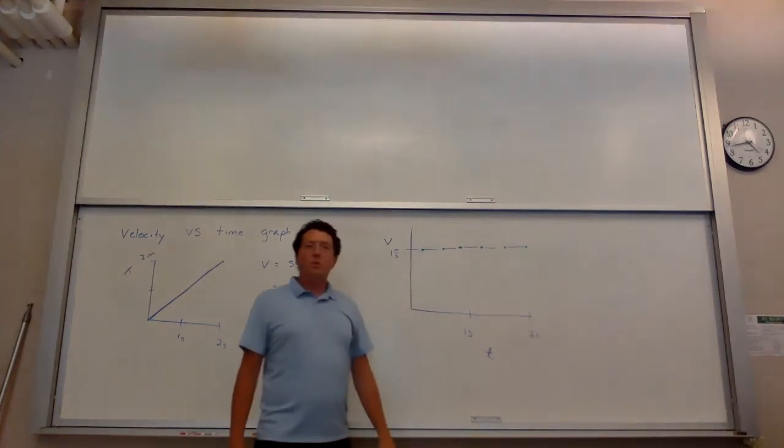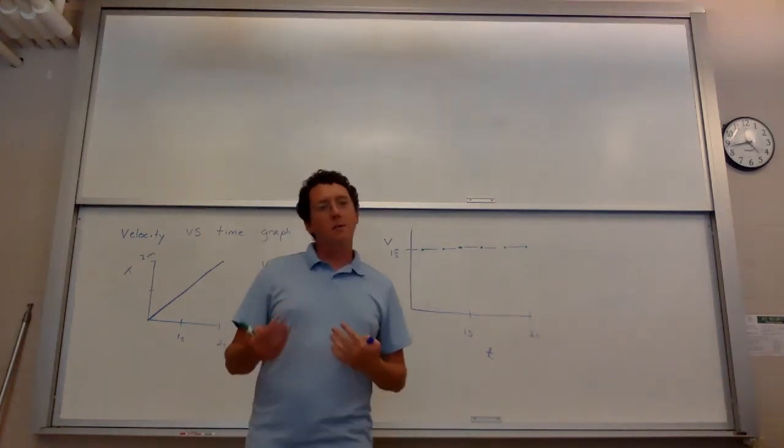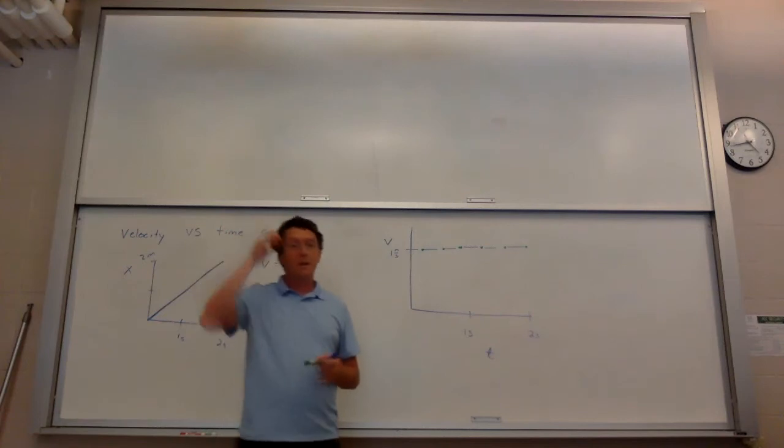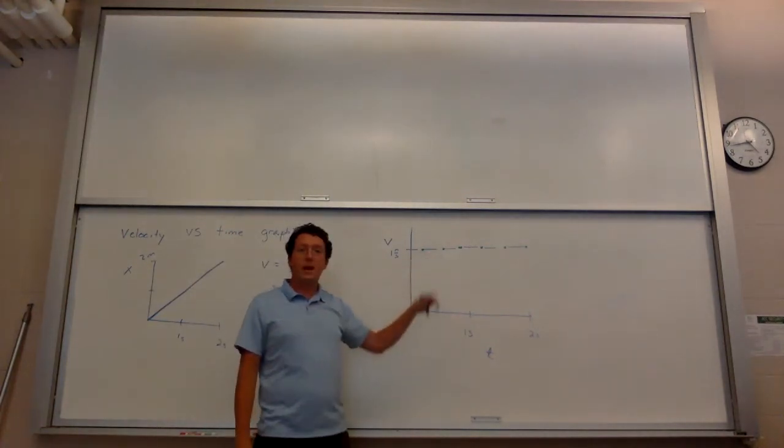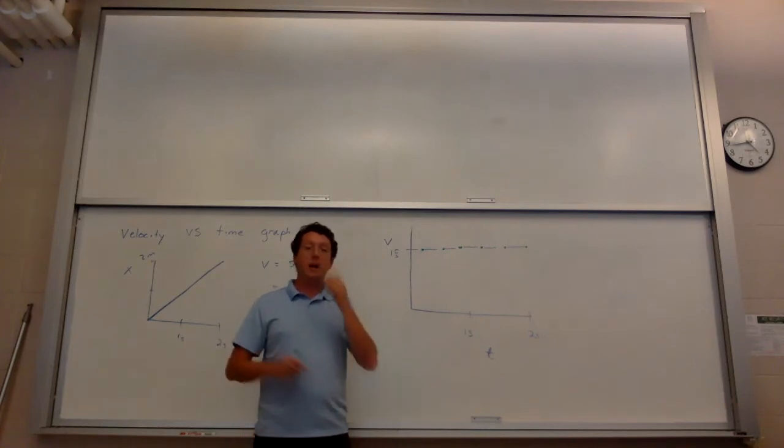But in addition to slopes, there's another geometric quantity which presents itself. You could also think about areas. In particular, you can think about areas under the curve.